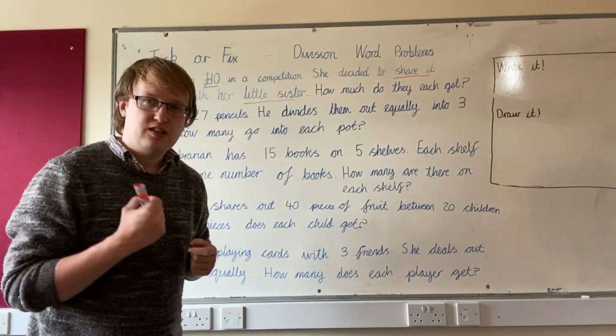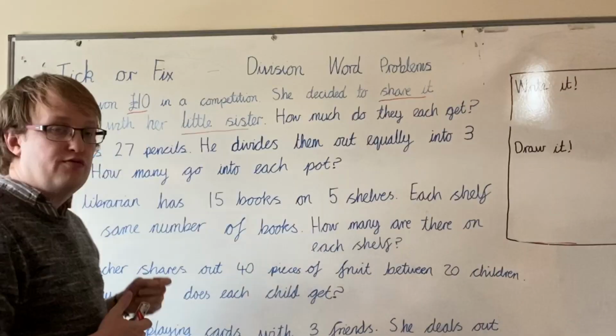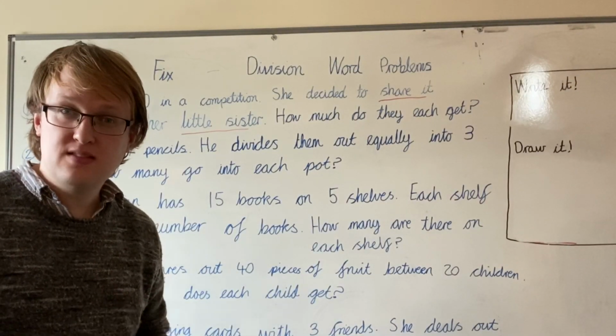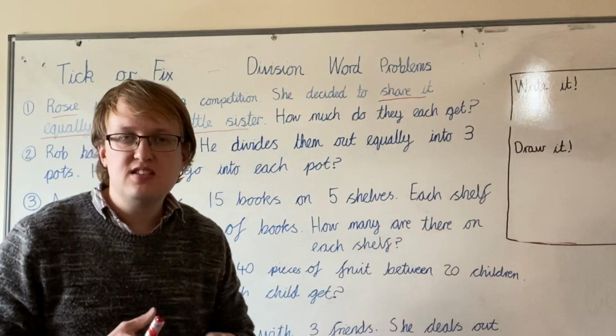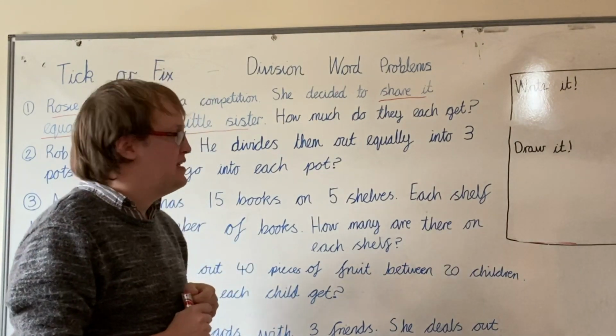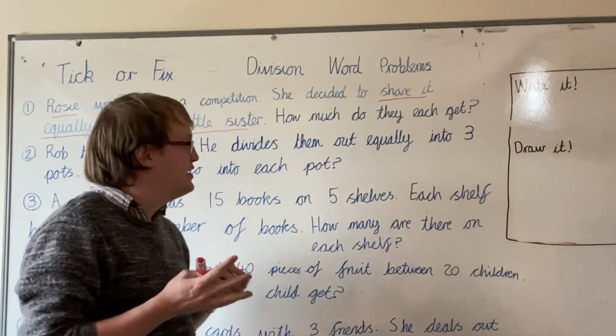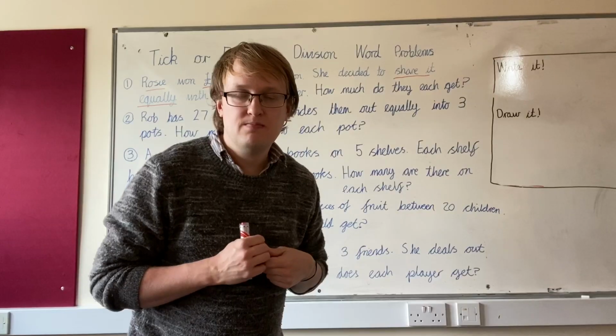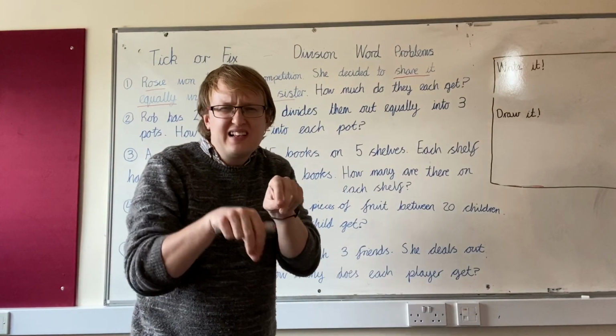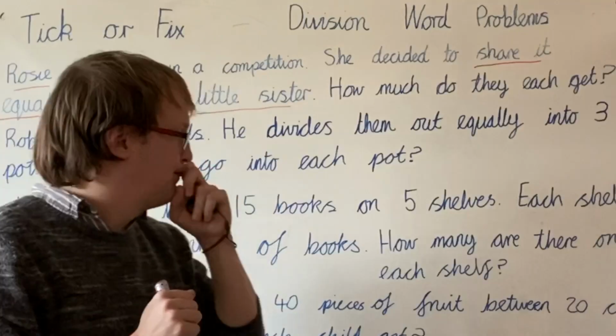Question 2. Let's read the question really carefully. Rob has 27 pencils. He divides them out equally into 3 pots. How many go into each pot? Step 2. Let's extract that information.